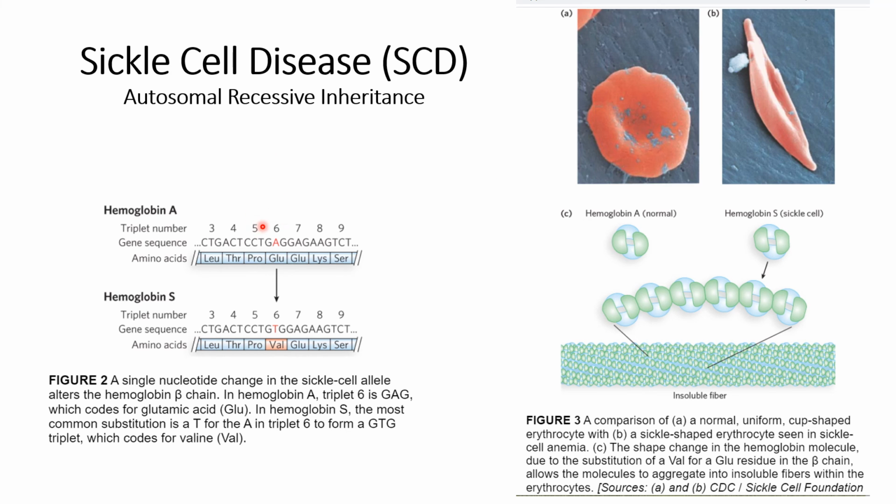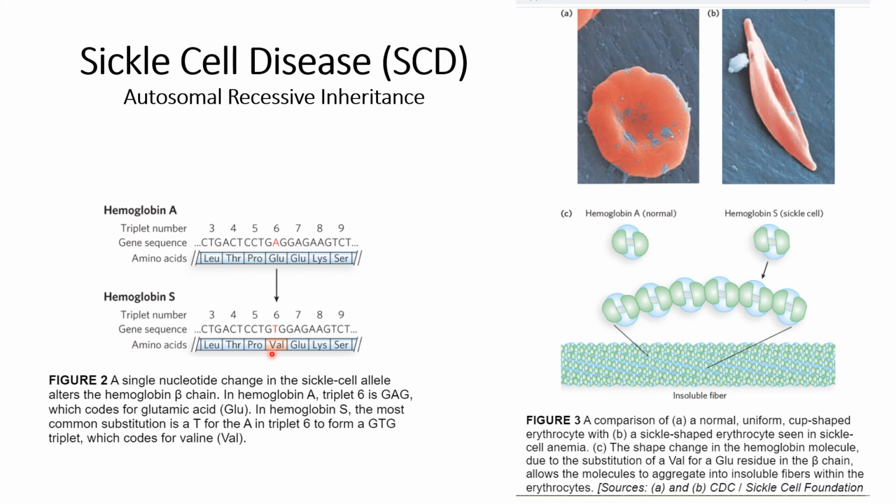But in the 6th codon region, where one of the amino acids is GAG, that makes glutamic acid, a polar amino acid that wants to face outward, it becomes mutated and changes into GTG. This transversion mutation from an A to a T changes it to a valine amino acid.